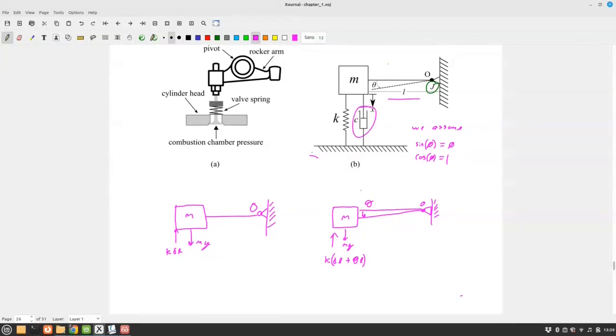But I also have this damper here that I have to consider. The damper is going to have a force acting up, and that's going to be C theta dot L.